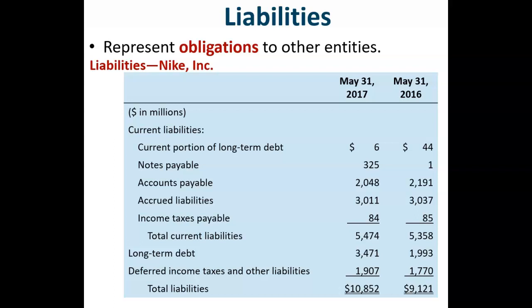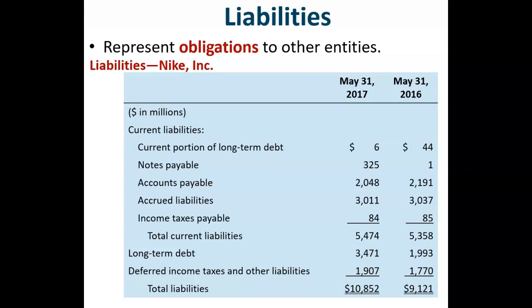The liability section of Nike Inc.'s balance sheets from illustration 3.7 in your textbook are shown on this slide. Nike has chosen to report the totals of each group of liability accounts as a single number on their balance sheet, but the details of the liabilities are disclosed in the footnotes to the financial statements.